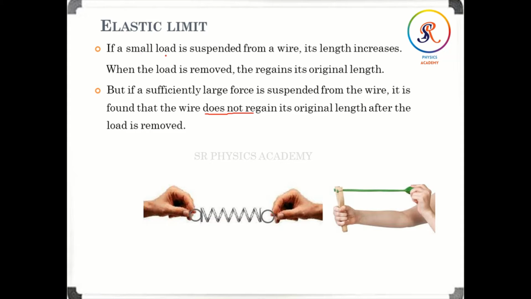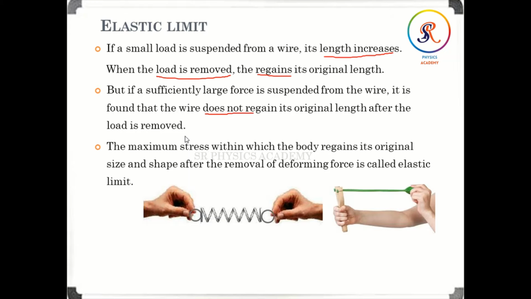When a small load is suspended from a wire, the length increases, and when the load is removed, it regains its original length. But when a large force is suspended, it does not regain its original length after the load is removed. That means the maximum stress within which the body regains its original size and shape after the removal of the deforming force is called the elastic limit.